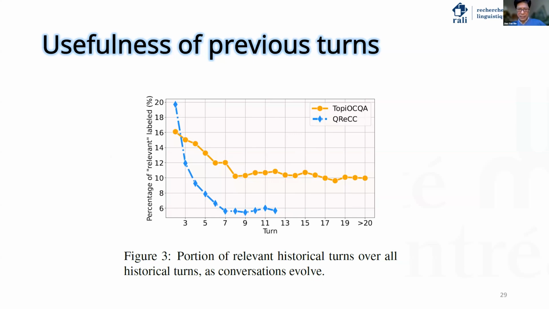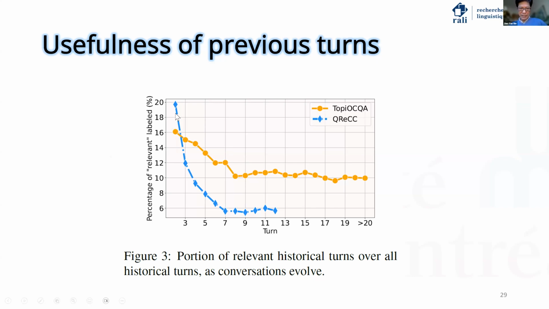And so the utility of the previous turns really depends on the conversation context, on how the conversation goes on. The difference between those two datasets is that QReCC is around the same topic. So the user is supposed to talk about the same topic, about different aspects of the same topic.